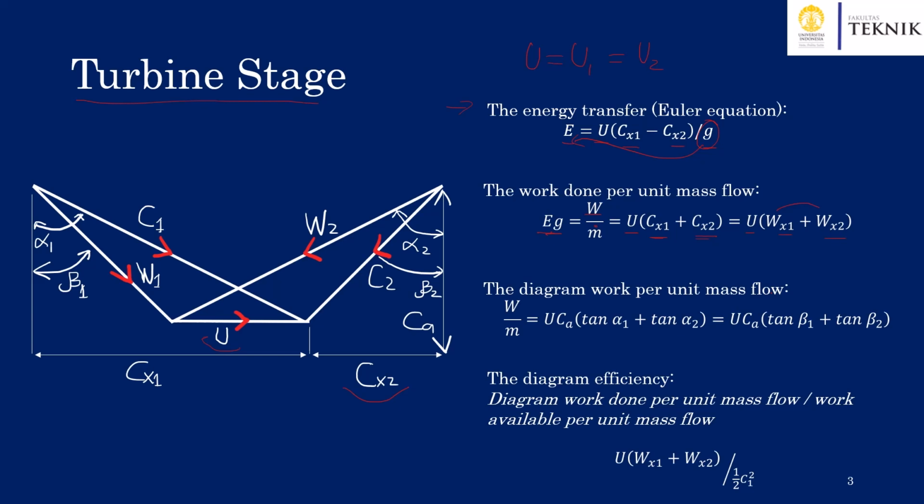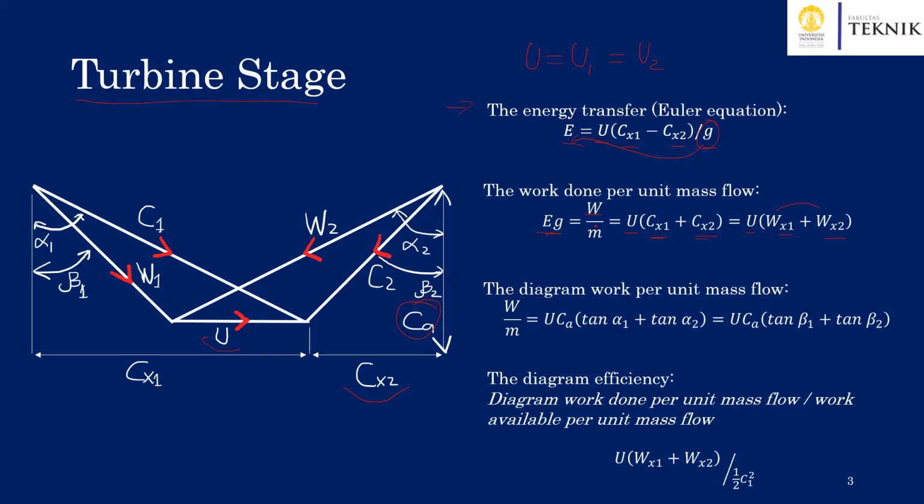Moreover, from the velocity triangle, it is safe to assume that the axial velocity will remain constant across the rotor and the stator, so that Ca is constant.